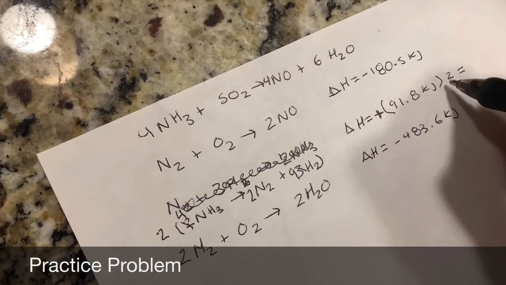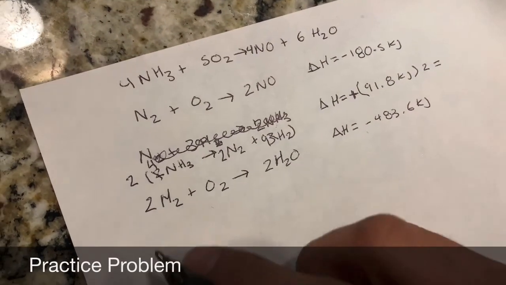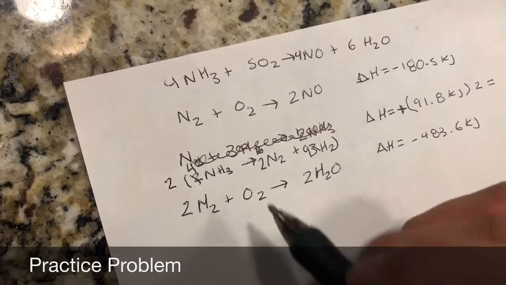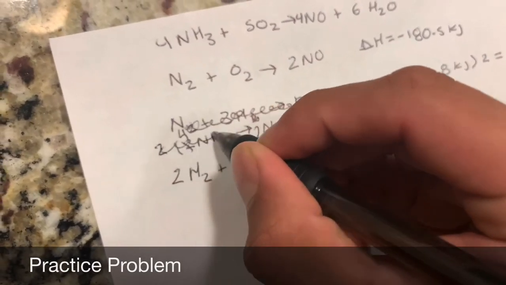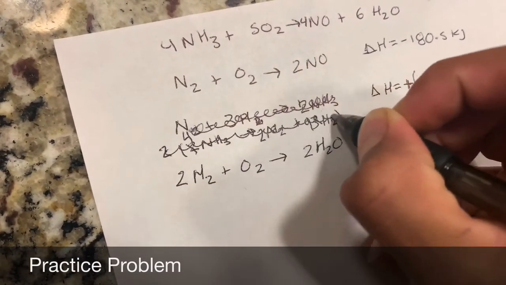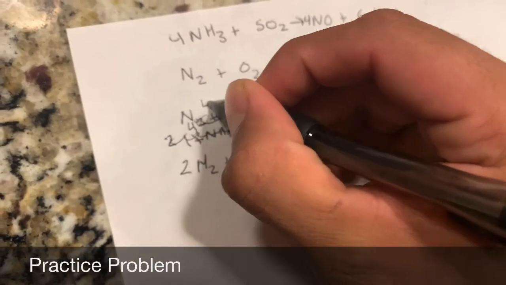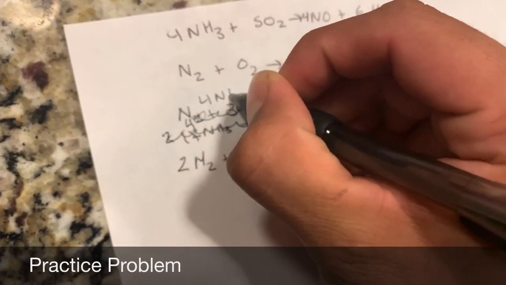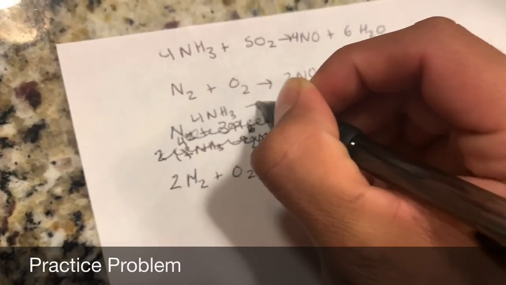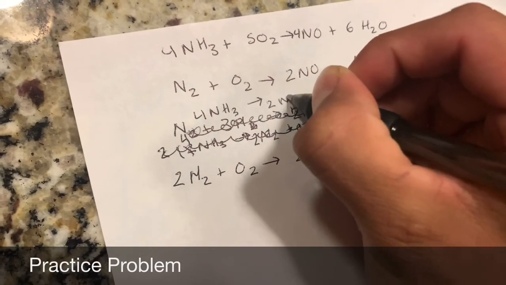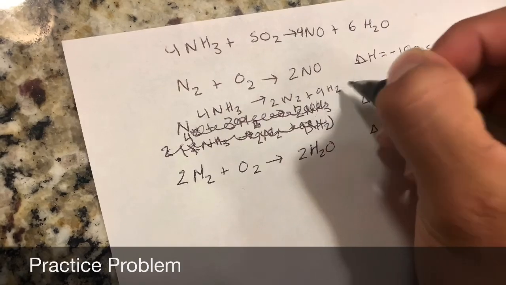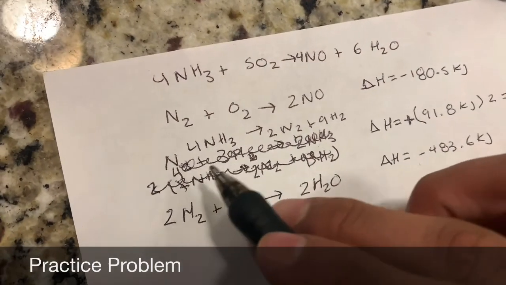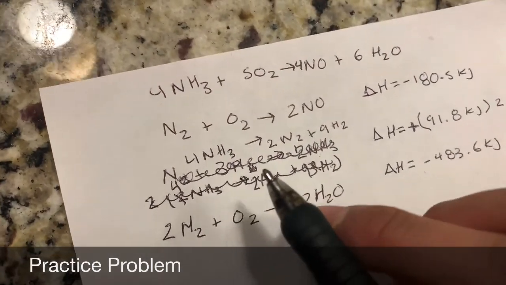And I'll go ahead and do that later because mental math is not with me right now. All right, so now we're just going to rewrite it again because it's sloppy. And now our equation is going to be 4NH3 yields 2N2 plus 6H2. All right, so that's our new equation since we manipulated it twice.